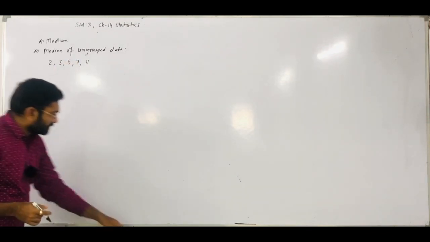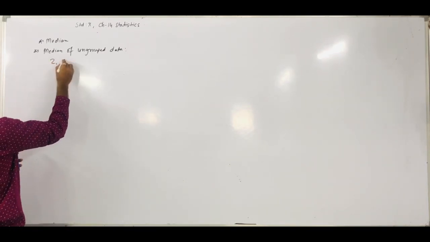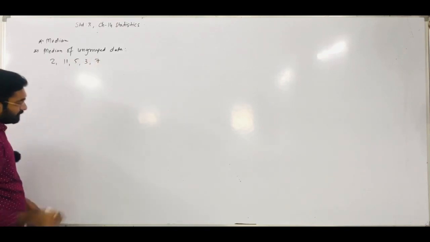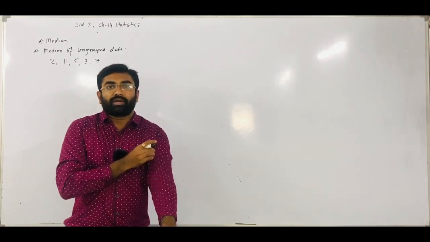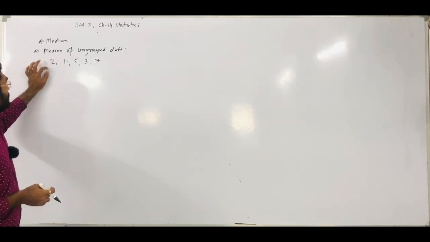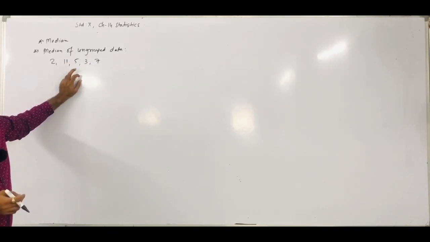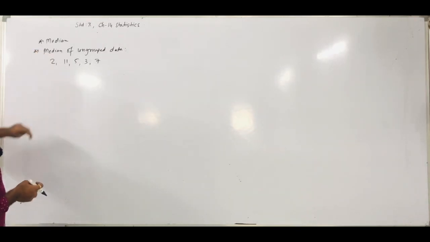Suppose the observations are given randomly: 2, 11, 5, 3, 7. If anyone says find the median of these given observations, this is ungrouped data, not given in group form, and we have to find the median. So how can we find it? There is a formula.